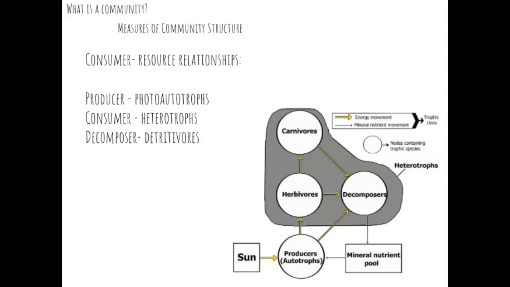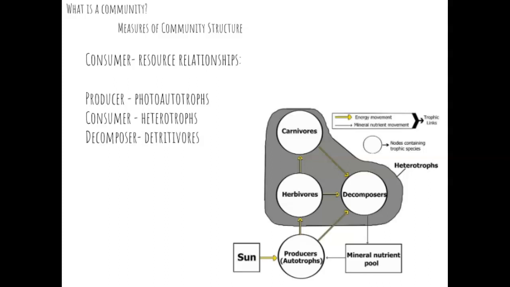Carnivores then eat the herbivores. They get their energy from the body tissues of herbivores. When any of those organisms, producers, herbivores, or carnivores, die, decomposers will feed on their dead body matter and release energy and get their own energy that way while releasing minerals back into the soil.